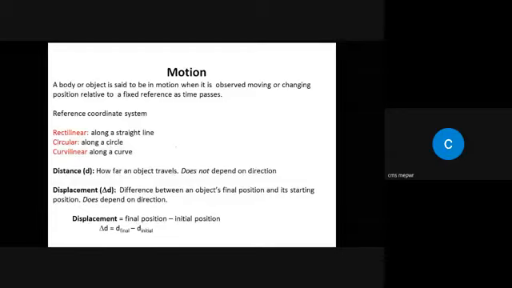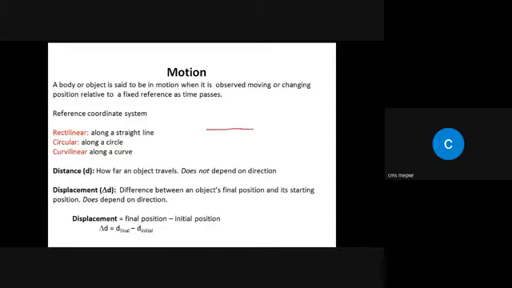For example, if we have an object that is initially over here and it moved from this position to this position, then the final position minus the initial position gives us the displacement, whereas the distance traveled is the same. But if the object comes back from that position and reaches the initial position, then the difference between the final position and the initial position is zero.